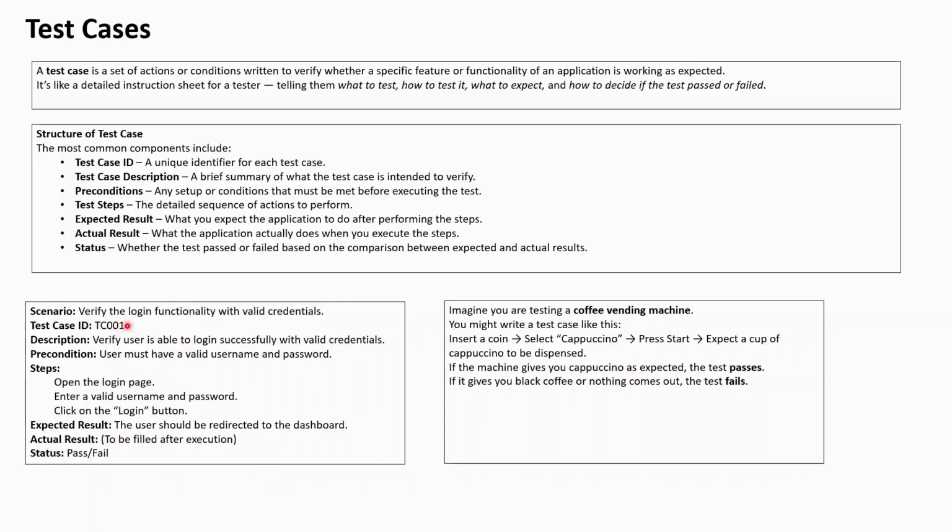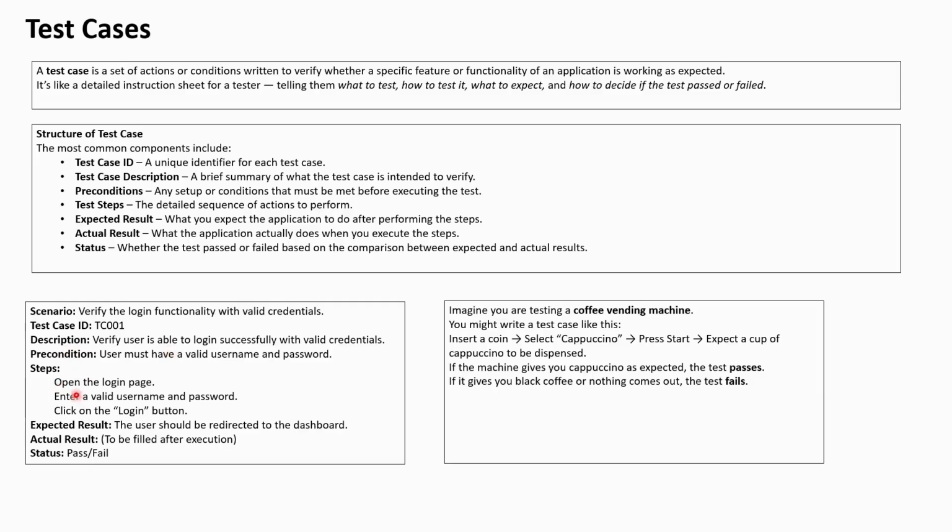The first one is to verify the login functionality with valid credentials. You can write it as test case ID TC001. Then you write a description telling that it verifies the user is able to log in successfully with valid credentials, mainly a little bit of summary of what you are going to test. The precondition is that the user must have a valid username and password, and you can also add as a precondition that the application is already open.